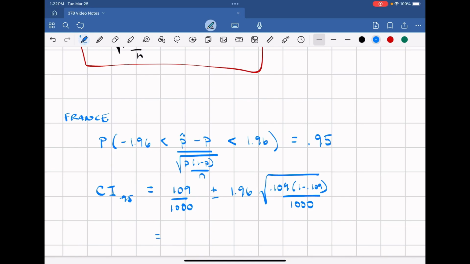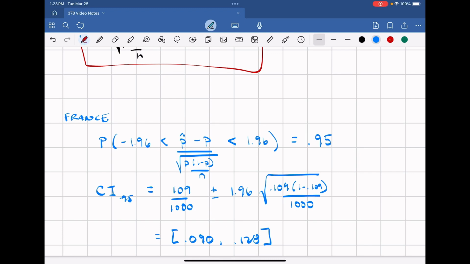And so this will set up our confidence interval for France as the true population proportion will be between 0.090 and 0.128. So from this survey, we can estimate and be 95% certain that the true population unemployment rate is between 9% and 12.8%.